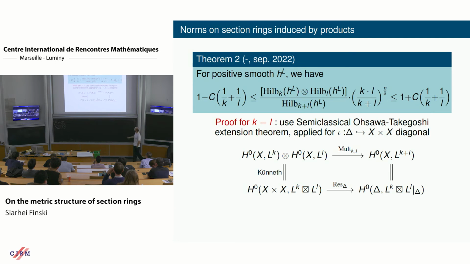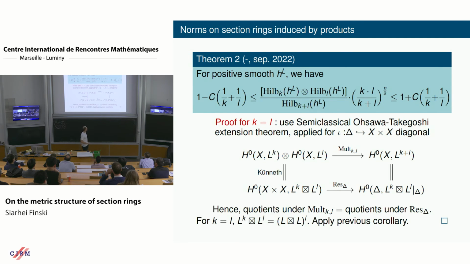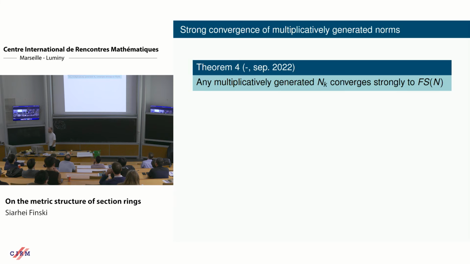And so now what this theorem says is that under this restriction operator, the L2 norm on the quotient corresponds to the L2 norm in the cohomology. And this is a direct consequence of the Ohsawa-Takegoshi extension theorem.